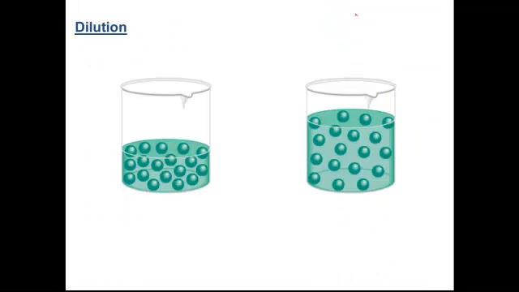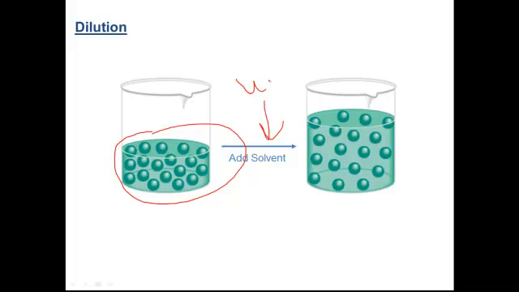So, for example, what we see here is we have a certain number of molecules in the solution. And what we're going to do is add some more solvent. Remember that in most cases, the solvent is going to be water. So if we add more water to the solution, have we changed the moles of our solute?